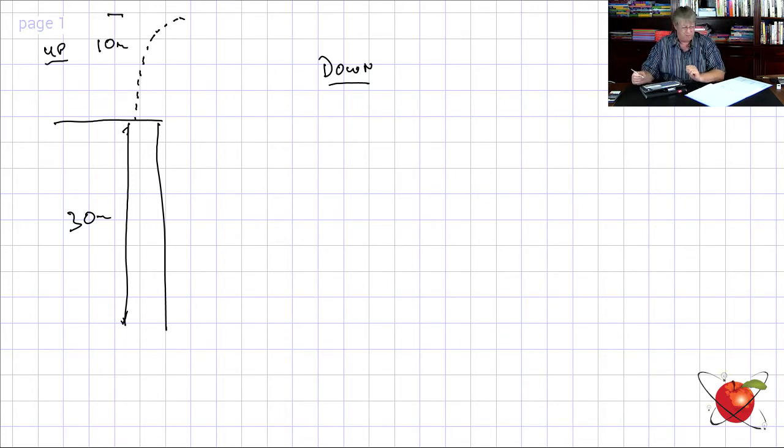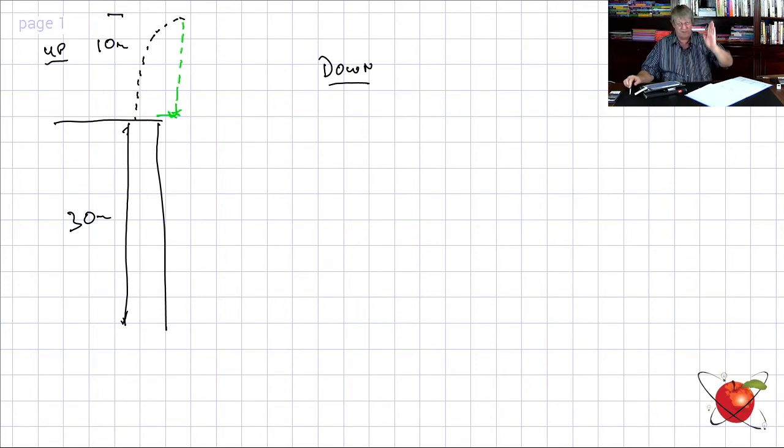The ball is thrown upwards for 10 meters. Now, then it comes down, and in case 1, the ball comes down like so, and the person over here catches the ball again.